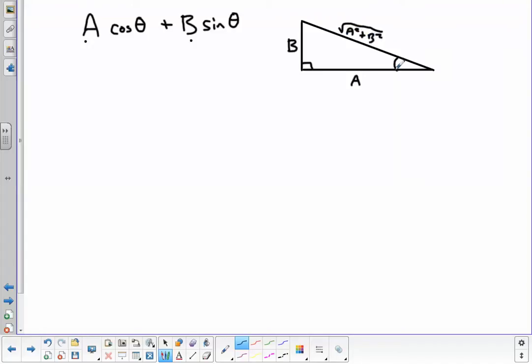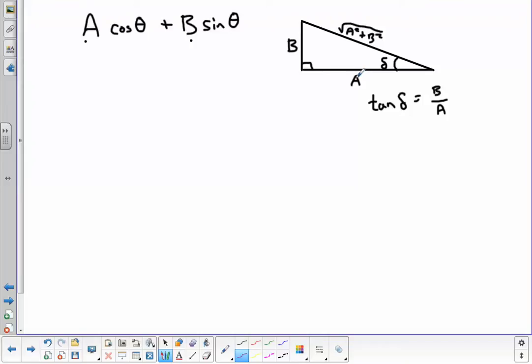And let's call this angle that's opposite from the b and adjacent to the a, let's call that little delta. So notice that the tangent of delta would be b over a, right? SOHCAHTOA, opposite over adjacent. So both delta and the hypotenuse I can get if I know a and b, because it's a right triangle.